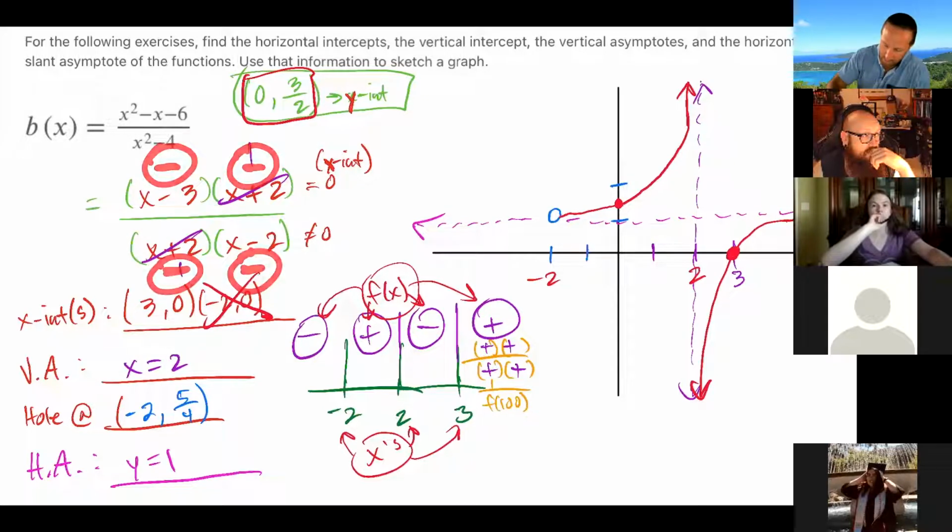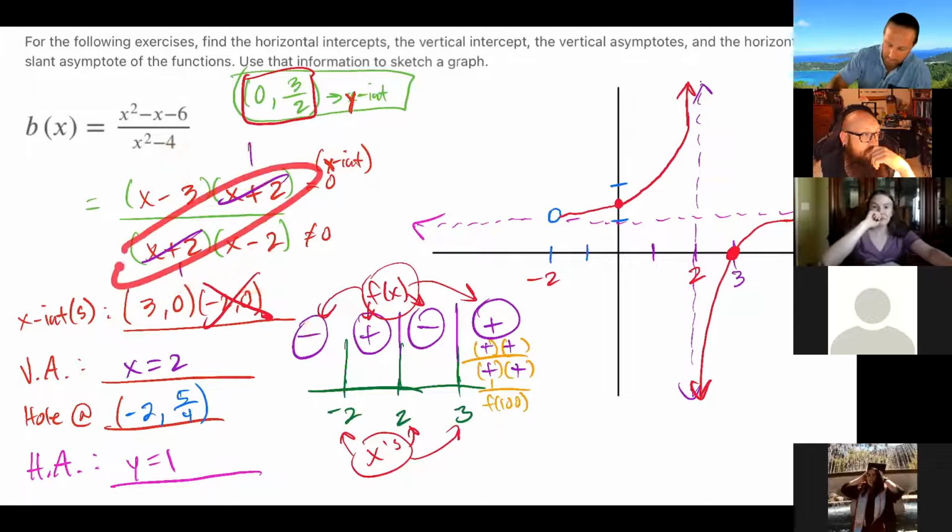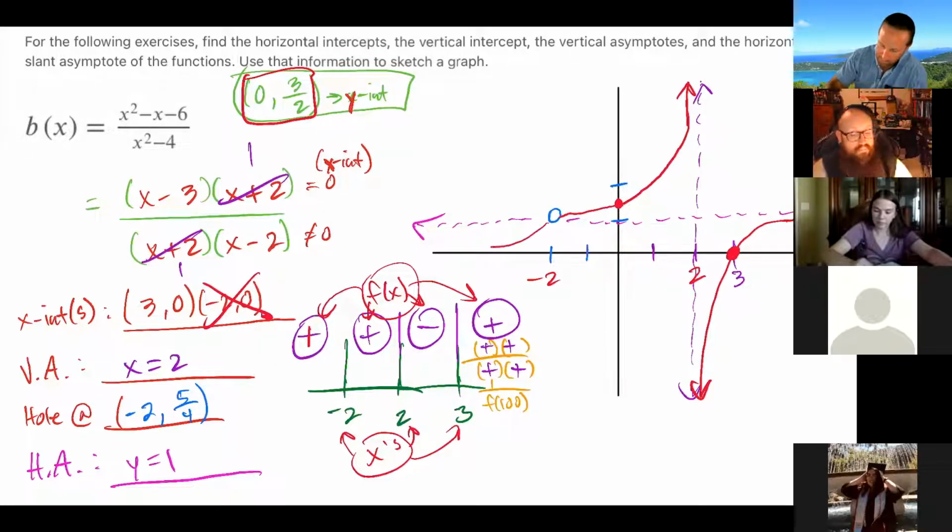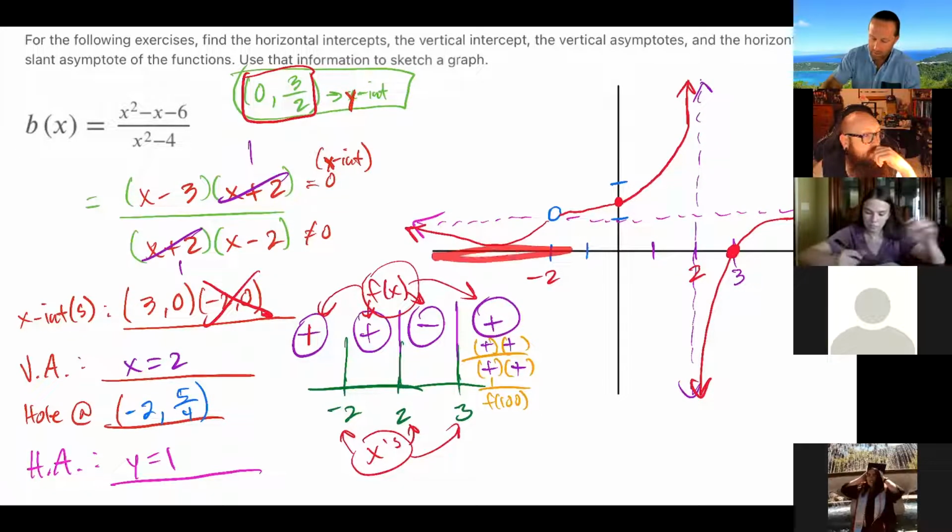So it would actually be a positive there. That was my oversight. Apologies. So yeah, this one would actually be positive, which makes more sense. We'd hit that hole and then come back up, going through that hole, but not crossing to the negative side of our y value.